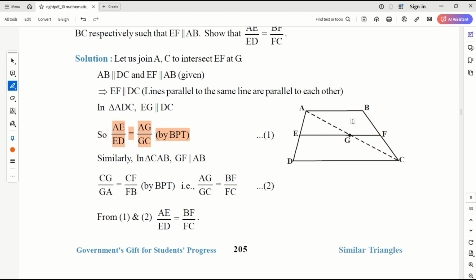Here, GF is parallel to AB, which means AG by GC equal to BF by FC. From these two equations you can derive AE by ED equal to BF by FC.